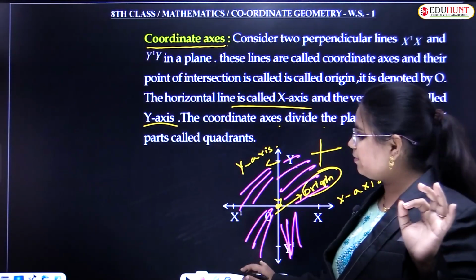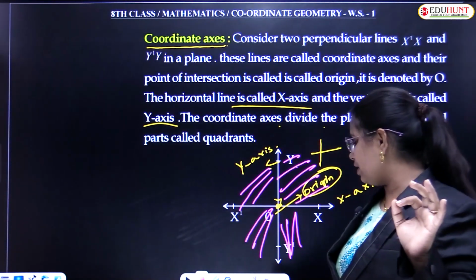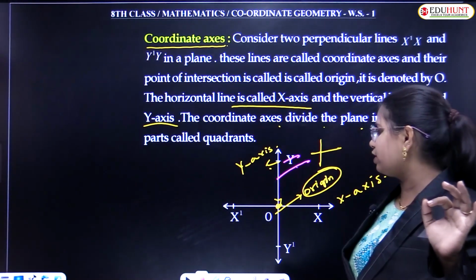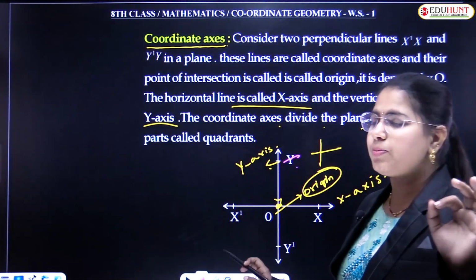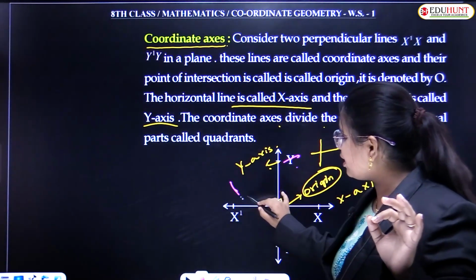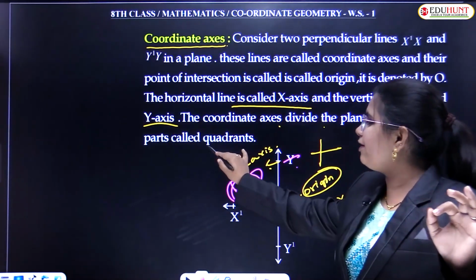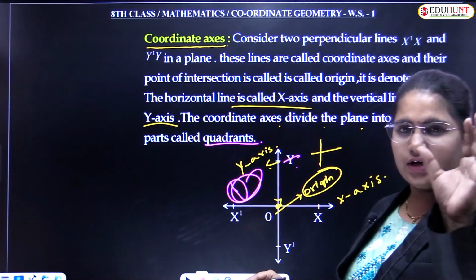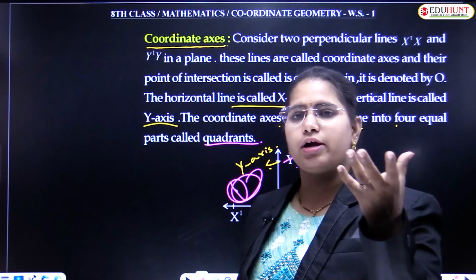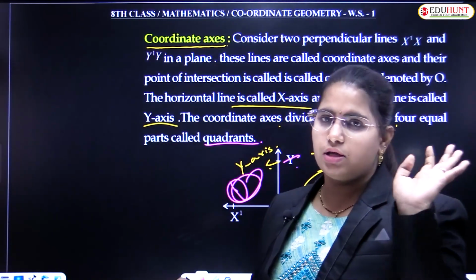So in total you will have four equal parts, correct? Each part is called a quadrant, and each part will be equal, right?